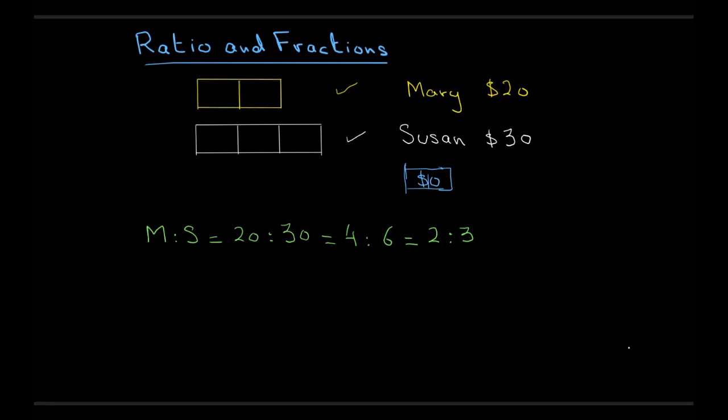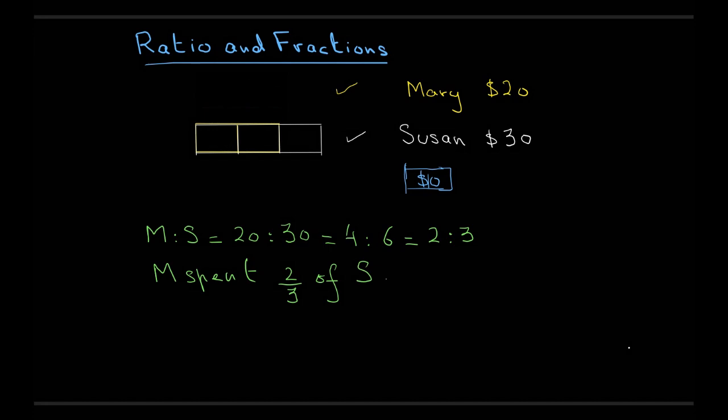So now you can see that I can take Mary and, if I try to superimpose it on the other, you can see that Mary is exactly 2/3 of Susan. So what you can see clearly is that Mary spent 2/3 of S. That's exactly what it means.